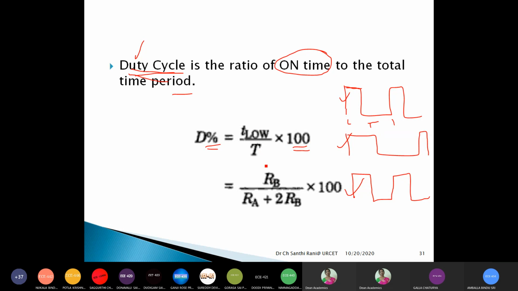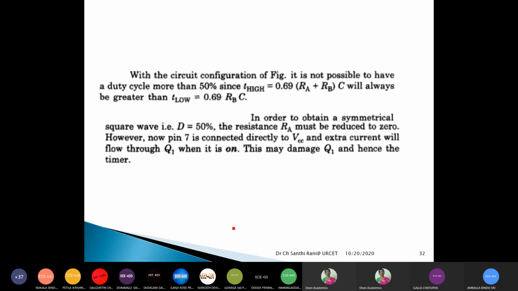R and C get cancelled, and you will get RB by (RA plus 2 RB), right? That means the duty cycle depends on the resistor selection, that is RA and RB. So that is the duty cycle of the astable multivibrator.